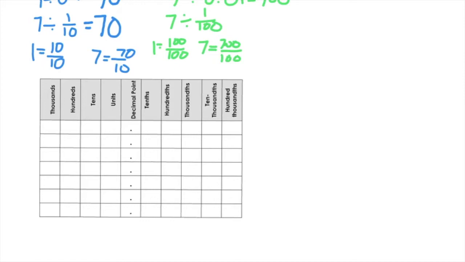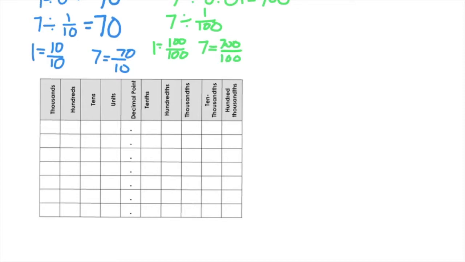For example, if you had 2.345, you would say 2 and 345 thousandths. We'd say whatever place value was last.